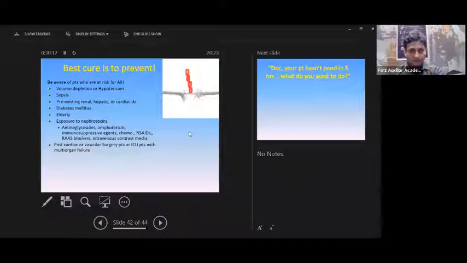Now for the prevention of ARF, we have to take all the precautions, and we have to identify those patients who have a high chance of AKI and use medications cautiously in these patients.